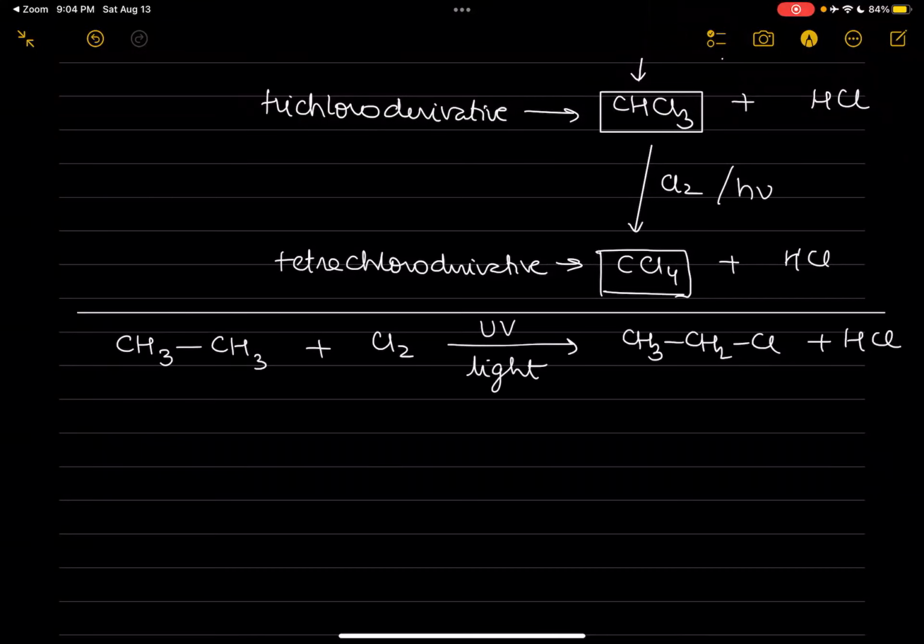So how many monochloro derivatives are possible for ethane? That you can tell me. What I mean is, I want you to connect one chlorine on this whole molecule by removing one hydrogen. And in how many different ways can it be carried out?